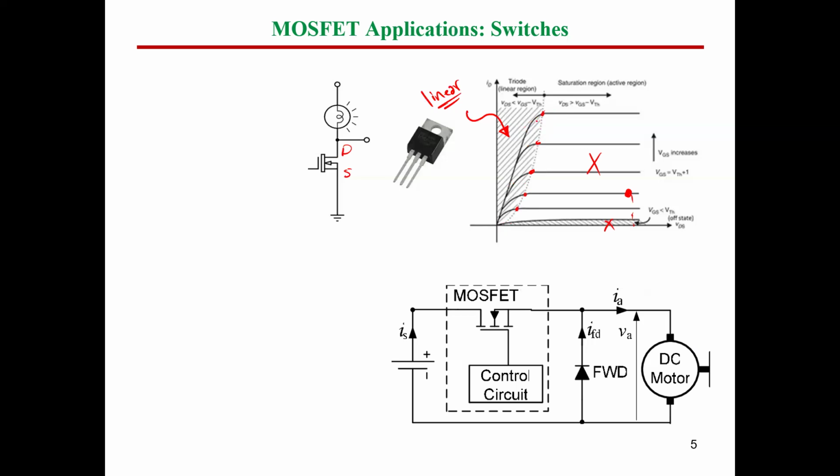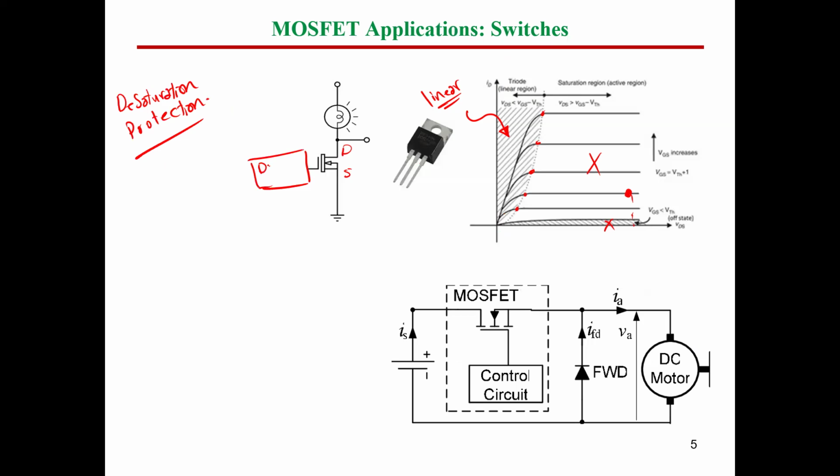Okay, guys, in this kind of application, when we use a MOSFET as a switch, we have what's called desaturation protection. Desaturation protection: normally, when we turn on this switch, you have to connect a circuit here.